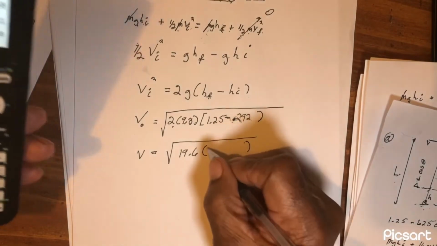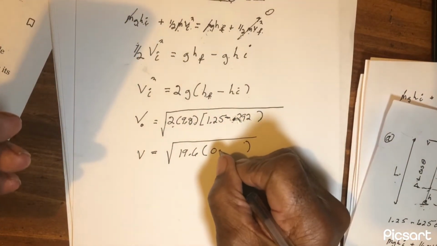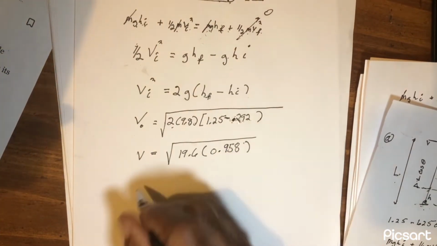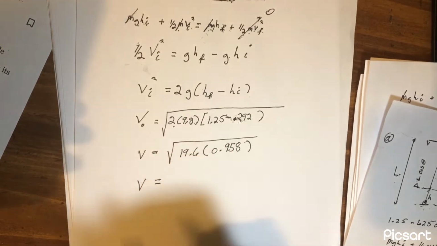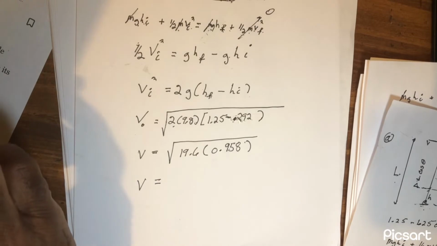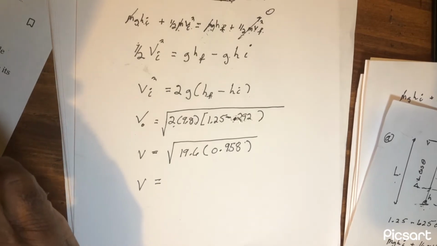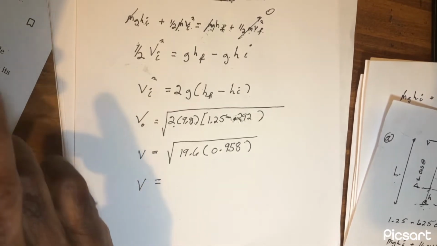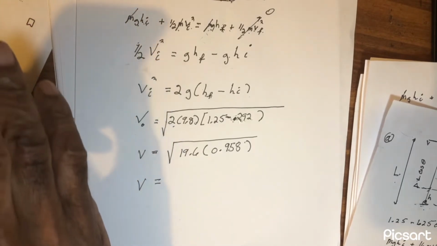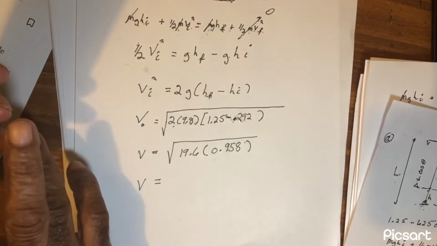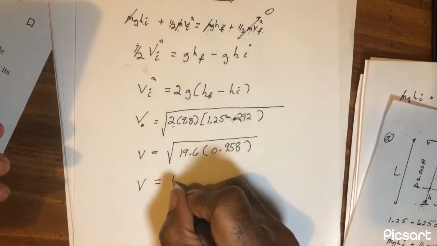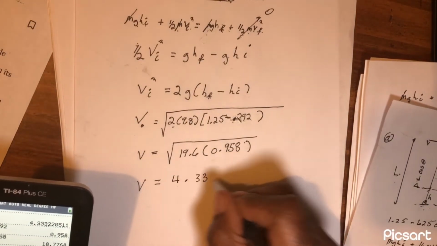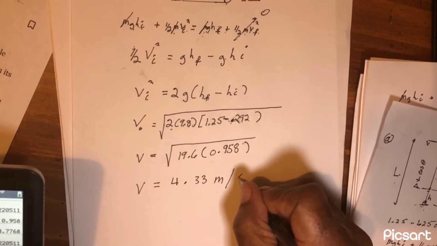And that's equal to 0.958. So V is equal to 4.33 meters per second.